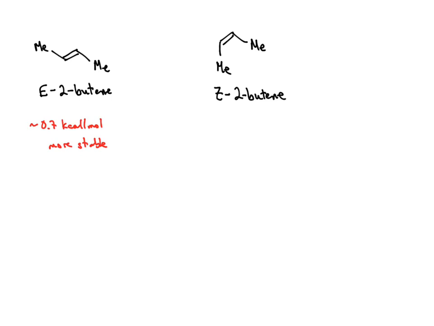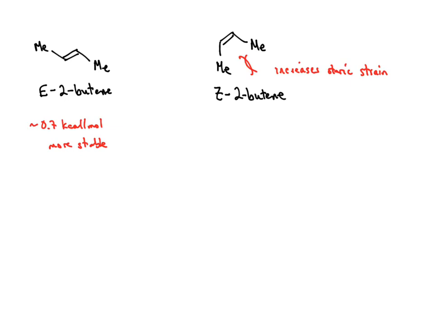And so in the Z2-butene, you have a van der Waals interaction when those two methyl groups come into close contact with one another. And those two methyl groups are lying cis along that double bond. This increases the steric strain of the molecule ever so slightly that it's higher in energy. It drives up the energy of that cis isomer.